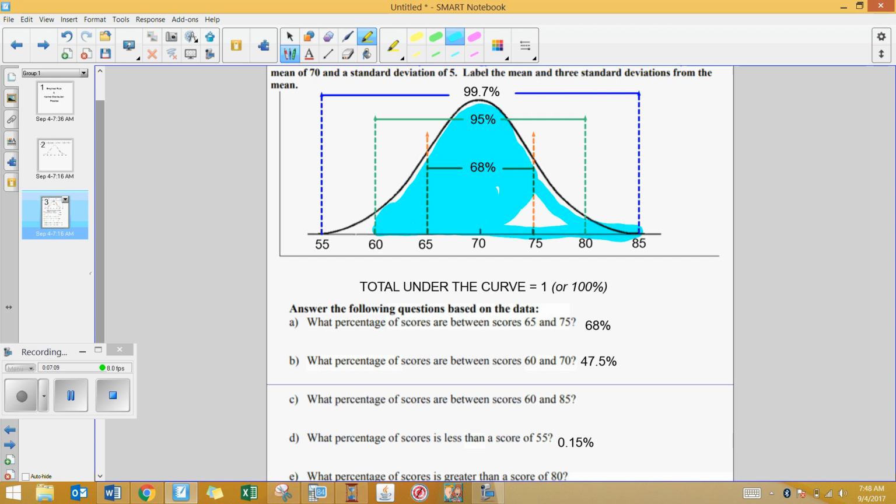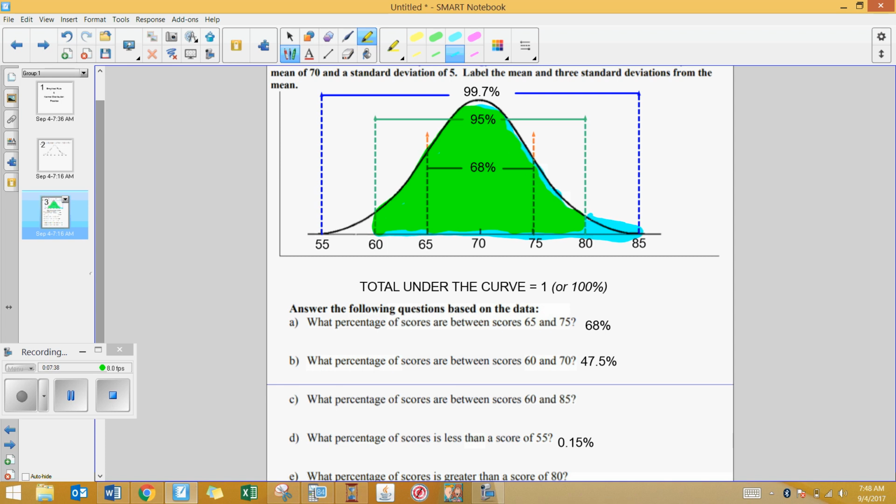So if we're just looking at this blue shaded region, that should show almost all of the green, which is 95%. Okay, and so that green area is 95%. All we did was go out a little bit further to this blue shaded piece to the right.